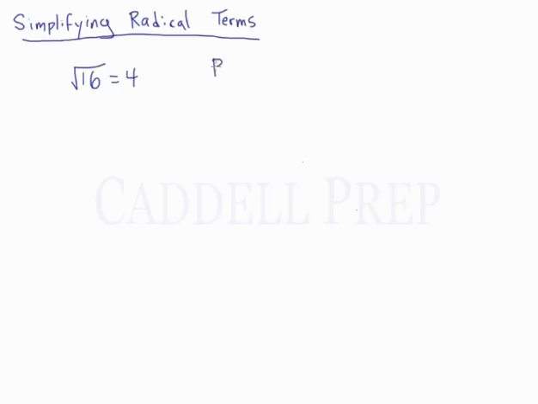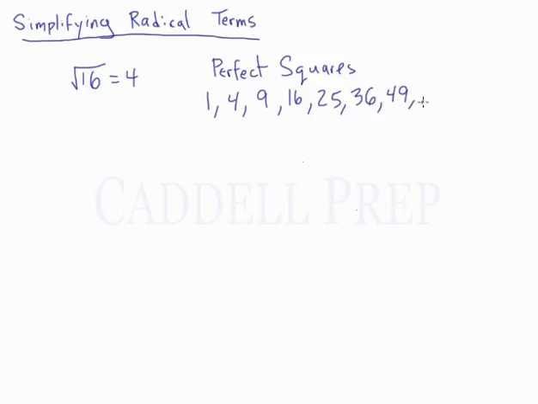Let's go over some perfect squares. Okay, they include 1, 4, 9, 16, 25, 36, 49, and so on.